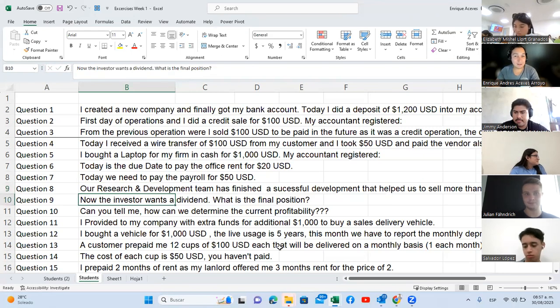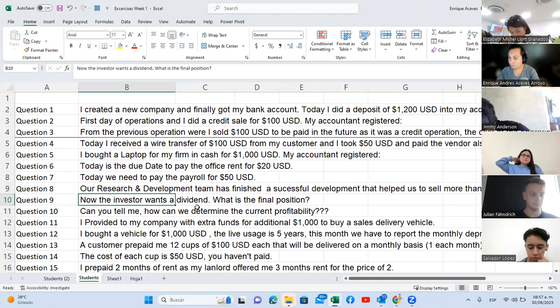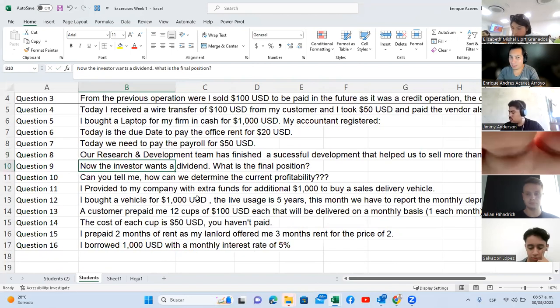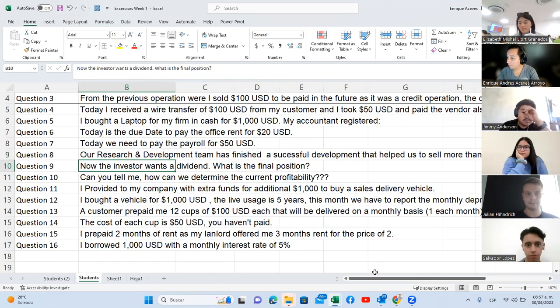Software and the brand, it's always the most used, most common intangible assets, okay? A patent. Patent, it's another one.